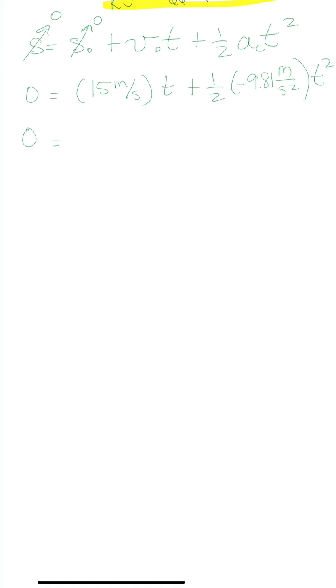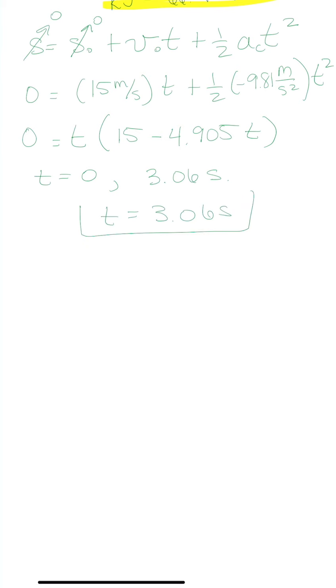So 0 equals t times 15 minus 4.905 t. So time equals 0 or 3.06 seconds. So 3.06 seconds is when it'll return back to your hand, or to the original position.